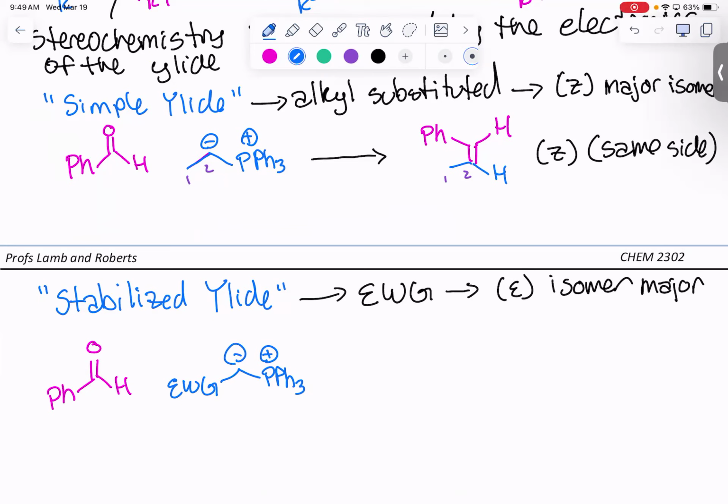That electron density is being pulled away, stabilizing it. And in this case, we're going to get the E isomer, right? So instead of having our H on the same side as the other H, we're going to have it here, and we're going to have our electron withdrawing group.